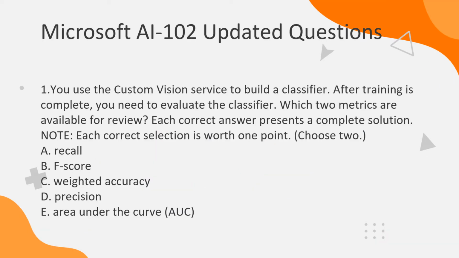1. You use the Custom Vision service to build a classifier. After training is complete, you need to evaluate the classifier. Which two metrics are available for review? Each correct answer presents a complete solution. Note: each correct selection is worth 1 point. Choose 2.